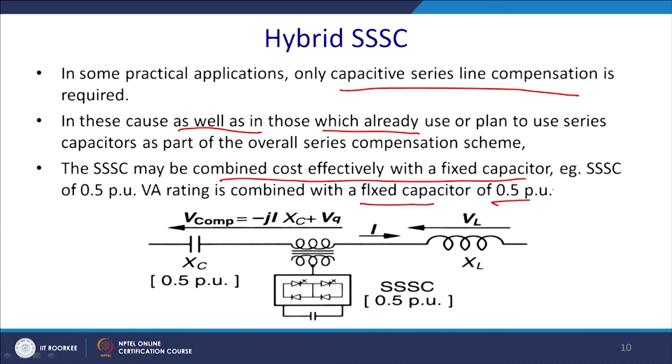So, total compensation will be 0.5 pu from this one and the other 0.5 pu from the SSC, because in most cases we require only series compensation of the capacitive kind. So, it can go positive and negative and thus add up, and this can make it 0 by injecting minus VQ. This is the way we can operate and thus we can reduce the rating of the switches that are used for the SSC.